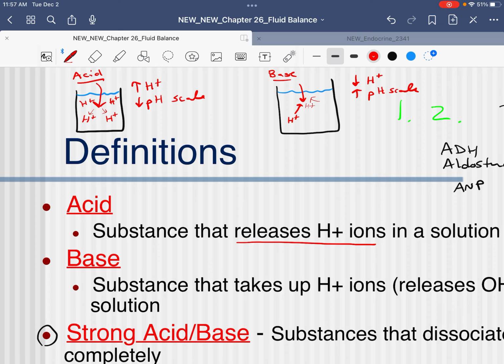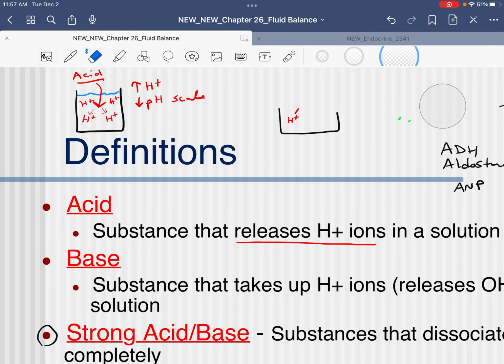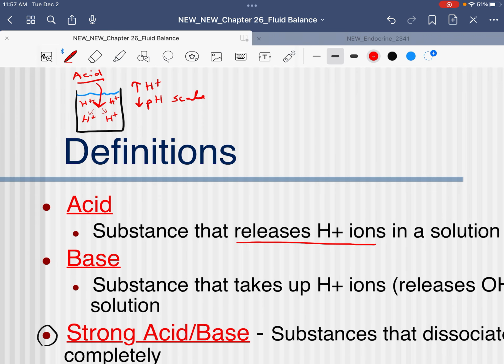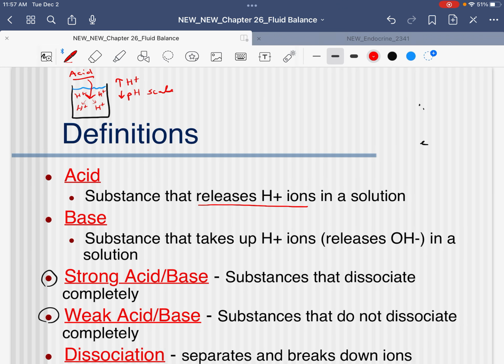Now what I want to do is just add strong versus weak. I'm going to use the acid as an example, even though the same is true for the base. In a strong acid or base, the substances, in this case the hydrogen ions, dissociate, or another word for dissociate is spread out.